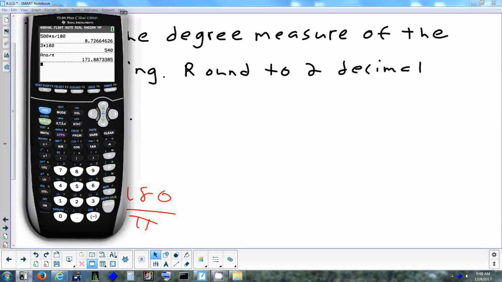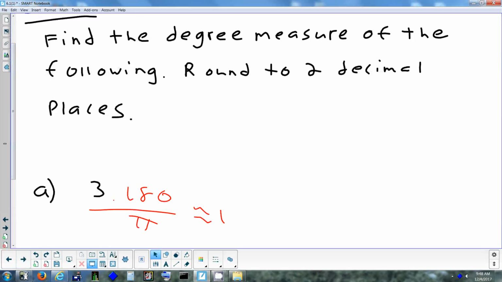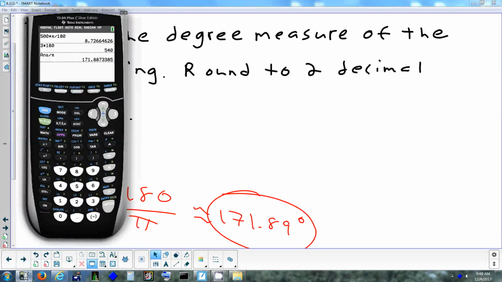So that's 171.89. Now let's take 540 and divide by 3.14. So instead of 171.89, we get 171.97.